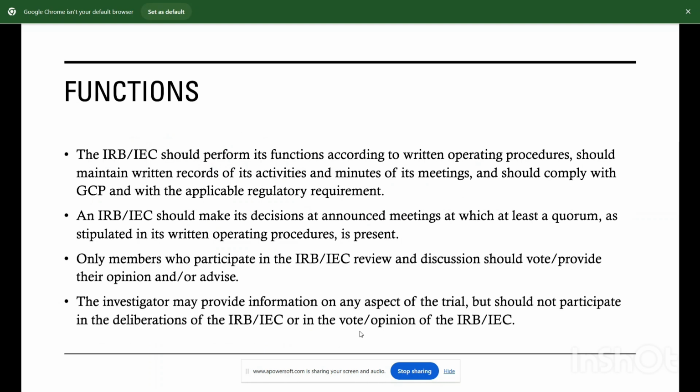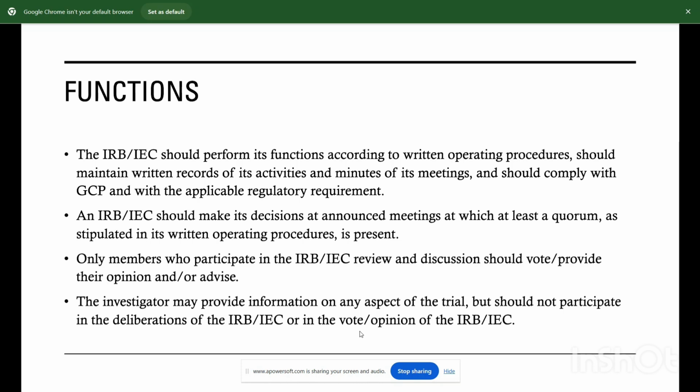Then it should comply with the GCP. Their work should go according to the GCP. And they have to follow the regulatory requirements of the country regulatory authority under which the EC is registered. I forgot to tell you, every EC working in any particular country should be registered under the regulatory authority of that country.